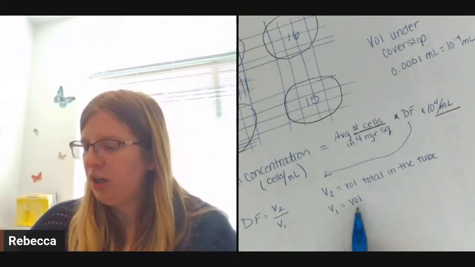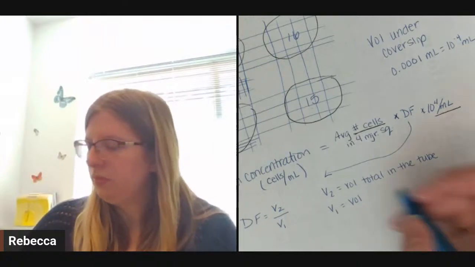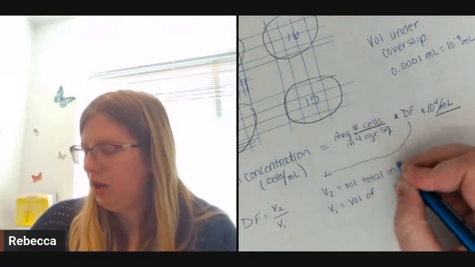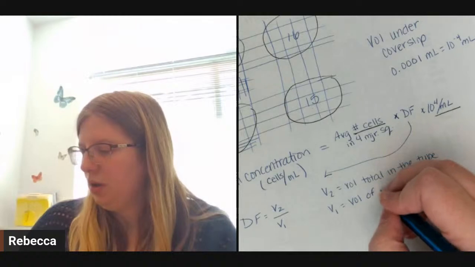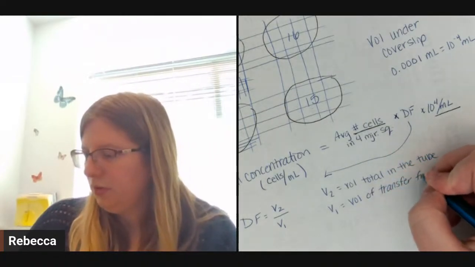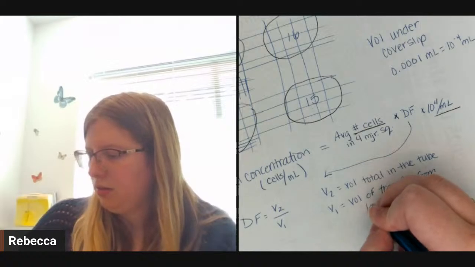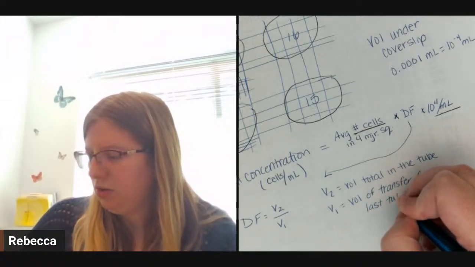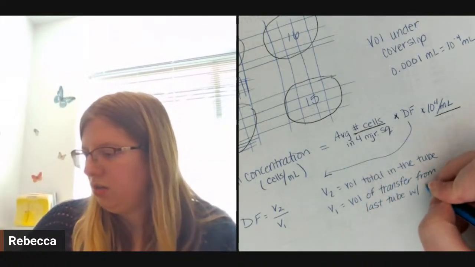And this V1 is going to be the volume of transfer from the last tube with cells.